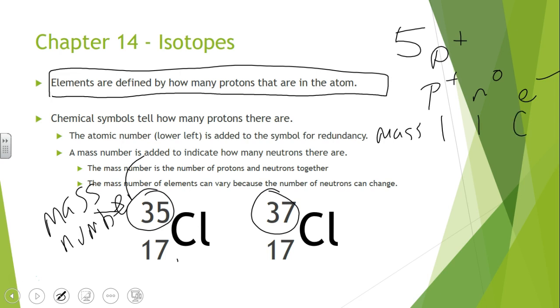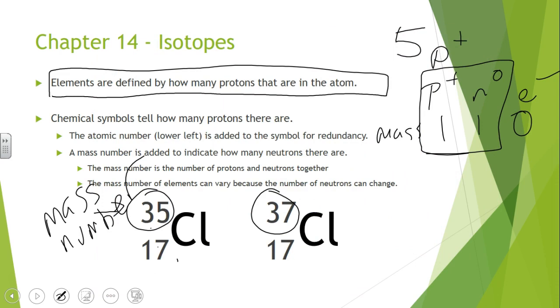What's the mass of an electron? 0. So the mass number represents the number of protons plus the number of neutrons. So from these 2 pieces of information, we can get how many neutrons there are in a certain isotope.